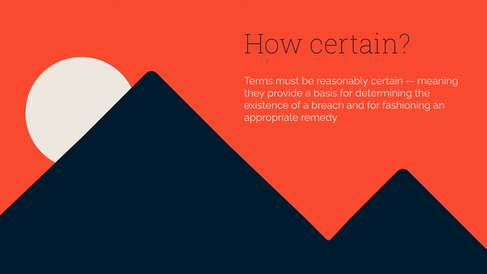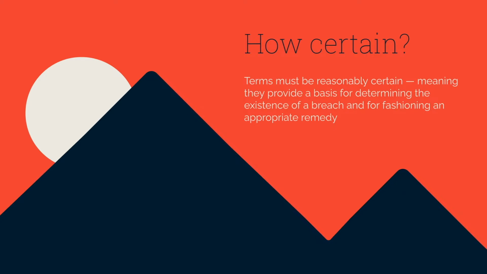And or is a court able to fashion a remedy? Meaning, if they were going to give an order of specific performance, would they know what it is they are to order? Or if they're going to award money damages, is there a basis for determining it?